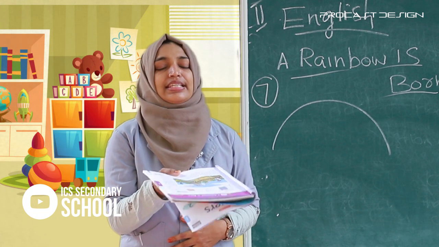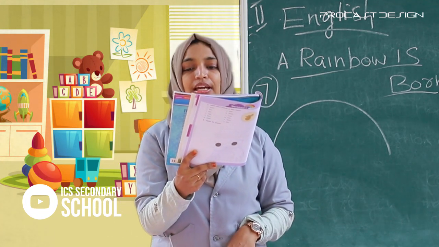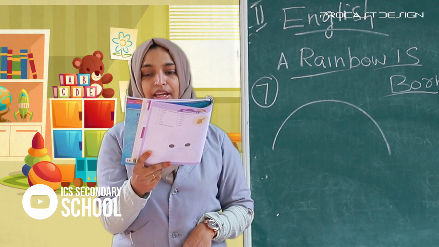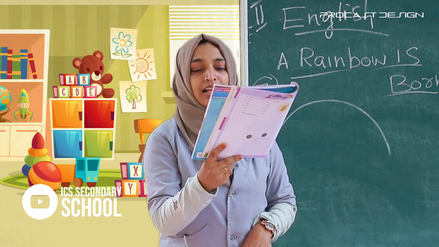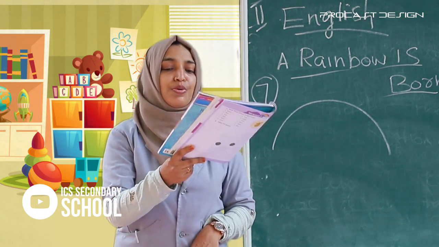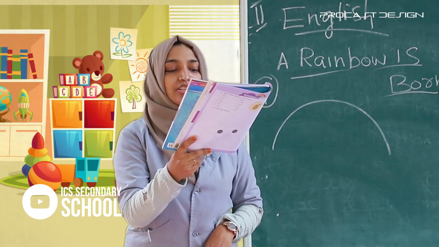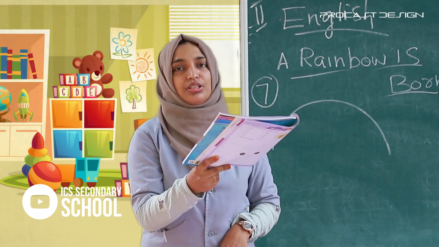I read the lesson. A long time ago, there was a small village at the foot of a mountain. In this village lived a man called Bob. There was a beautiful waterfall that started from the top of the mountain.